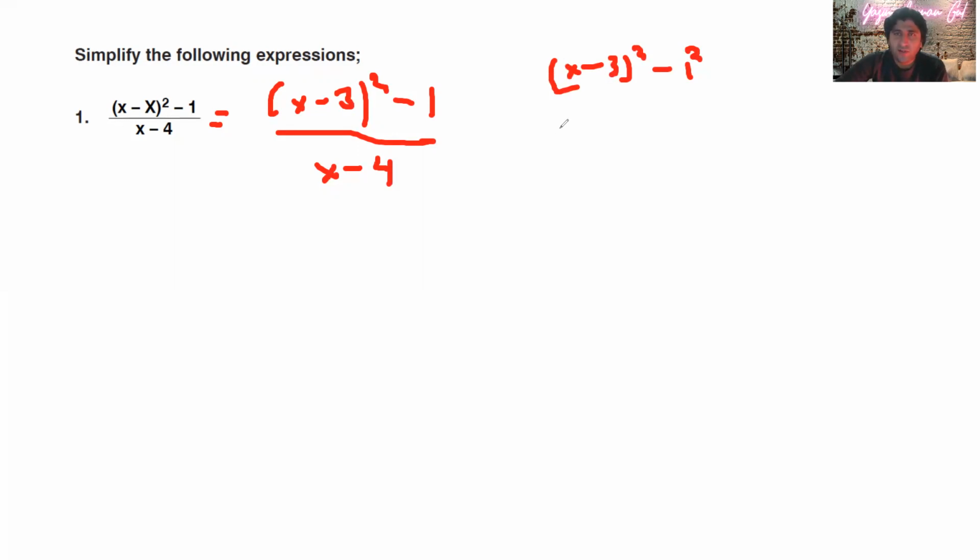Because for a difference of two squares, we say positive times negative, right? So it's going to be this: (x minus 3 minus 1) times (x minus 3 plus 1).